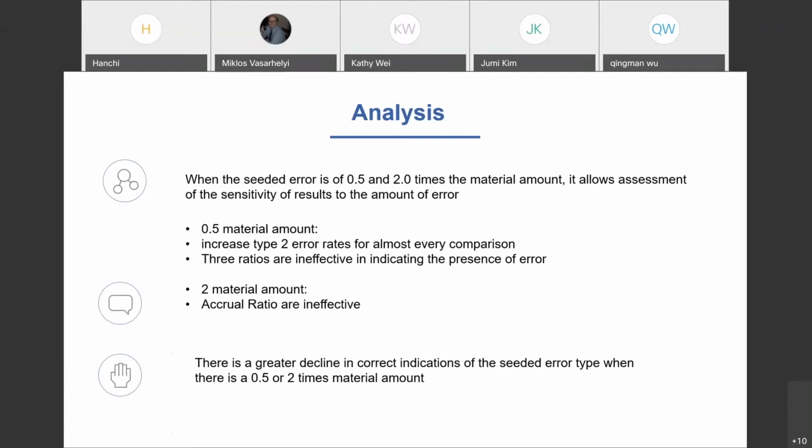And the second one, the accrual ratio, is ineffective. There is a great decline in correct indications of the seeded error type when there is a 0.5 or 2 times material amount.